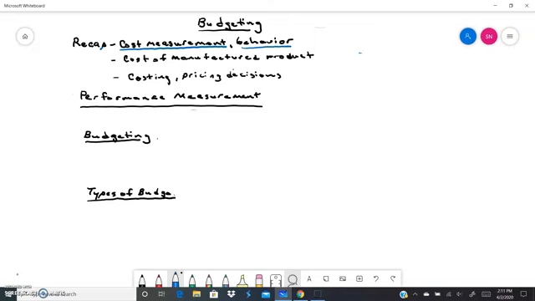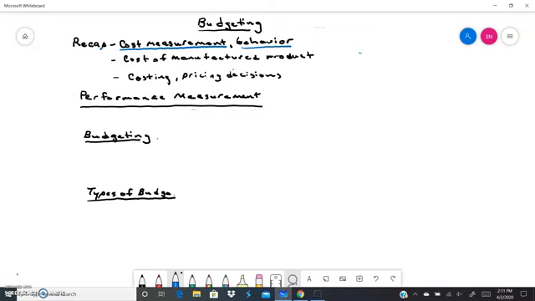And then we went so far as to look at the difference between absorption costing and variable costing, where we have different production levels and how profit can be altered based upon different production levels in absorption costing. So that was really chapters 15 through chapters 21.